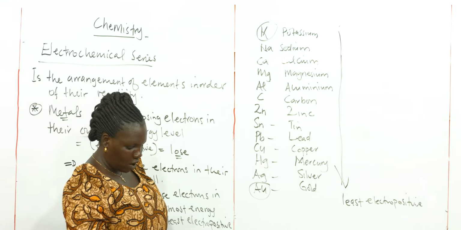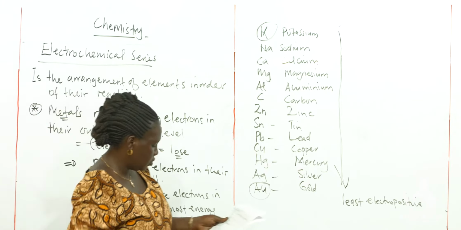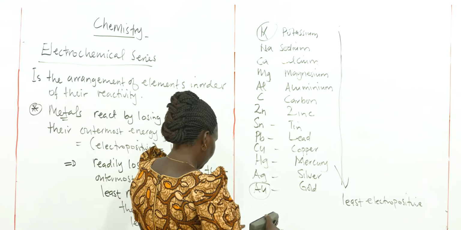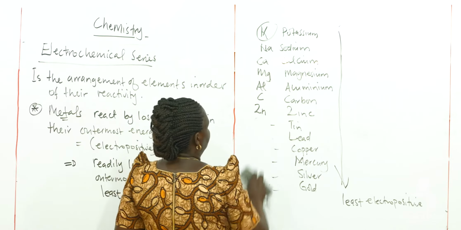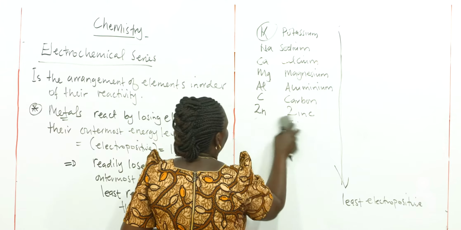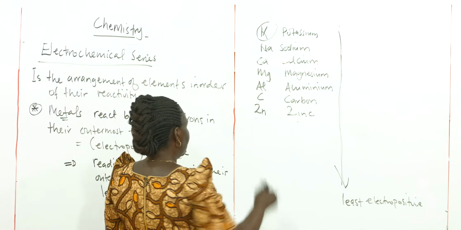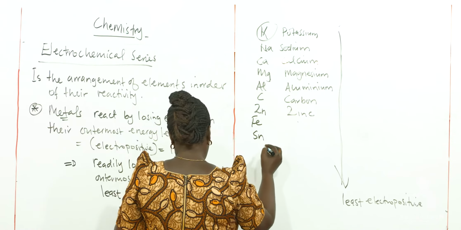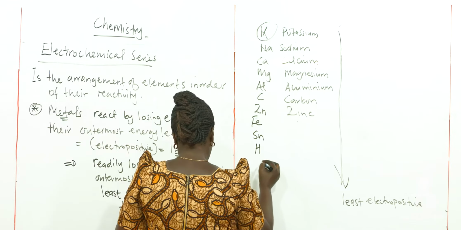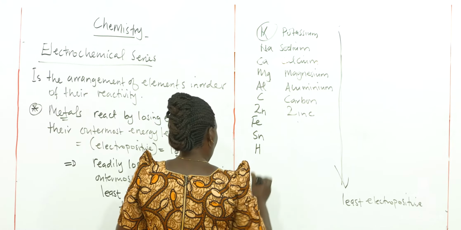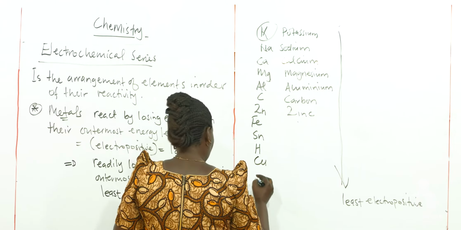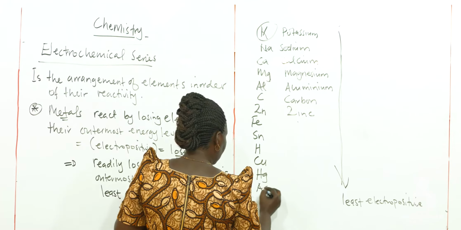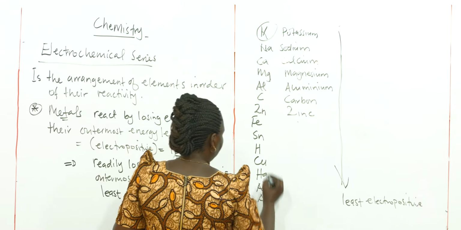Oh sorry, I did not place hydrogen. So we have lead, zinc, then there is iron, we have tin, hydrogen, then copper, mercury, silver, and then gold.